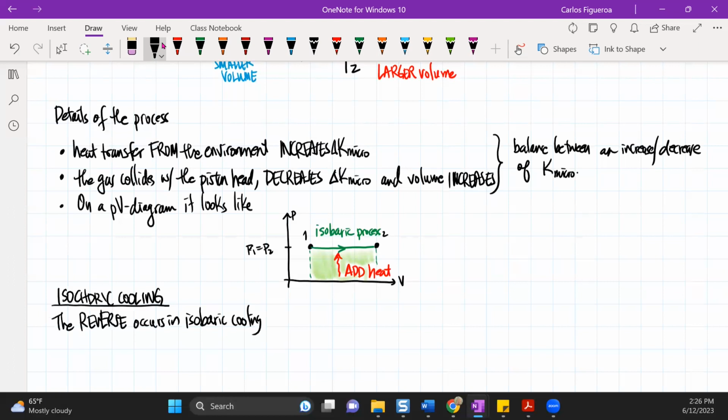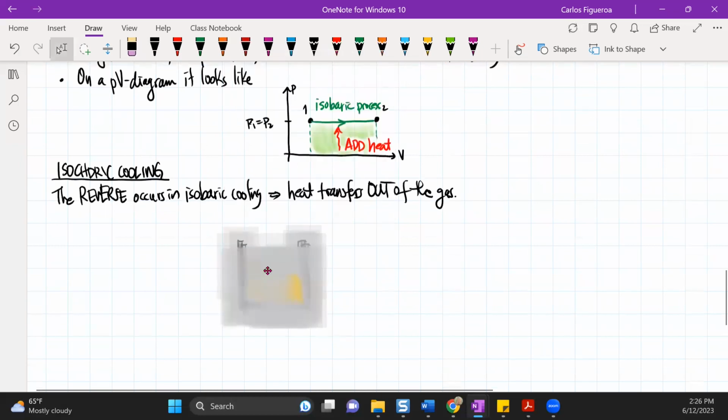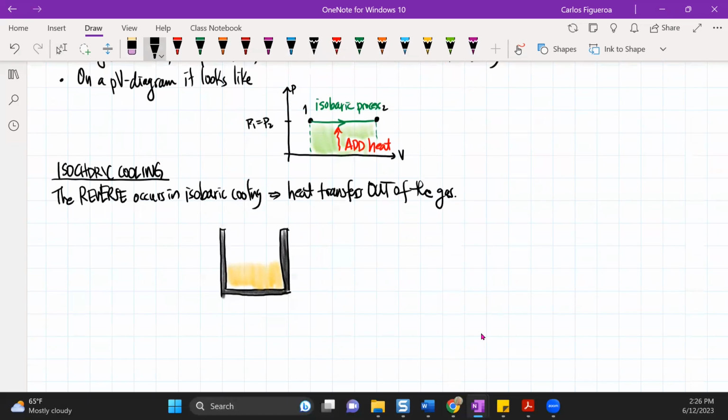And what happens in the reverse here is that heat transfers out of the gas. So if I look at this, let's stick to our piston here now. Here's my piston right here. And what we're going to do here is assume that this piston starts off with a higher volume.